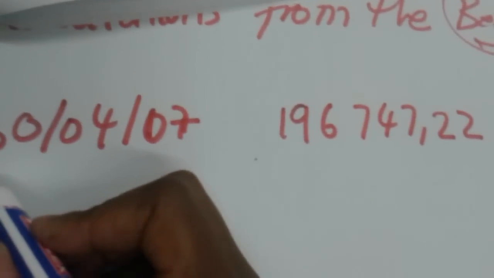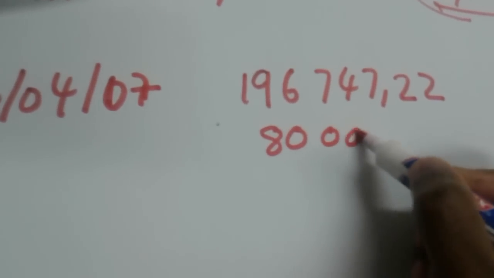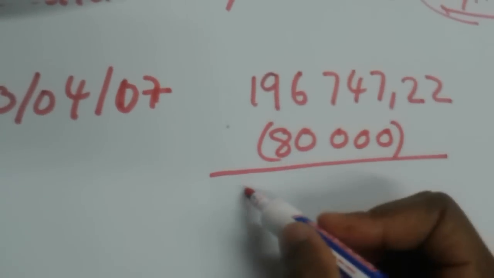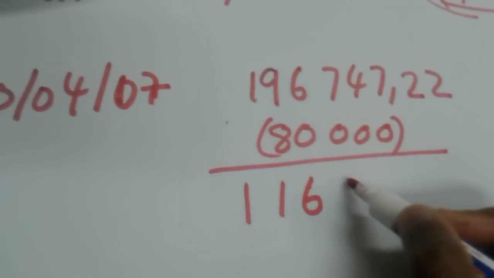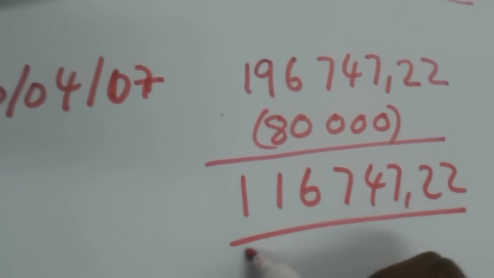But now on 1 May, we are told that there's a lump sum of 80,000. So it's a lump sum payment. So of course our balance should go down.